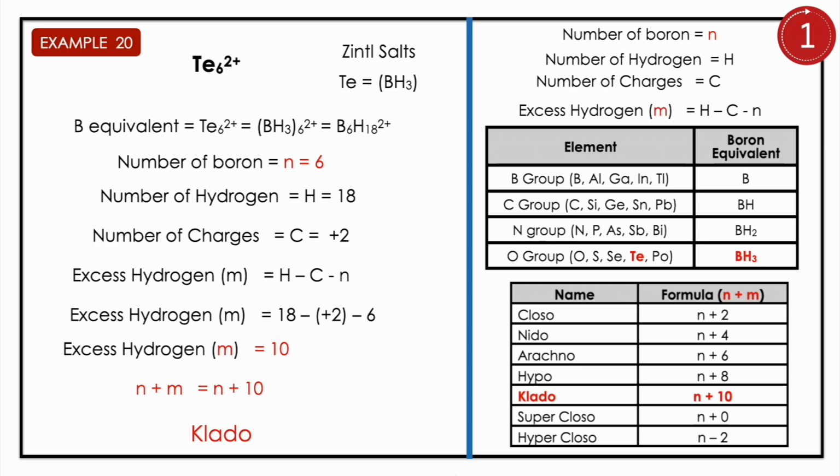If you solve it, you have M equals 10. M equals 10 means it is N plus 10 system. If you look at the table, it has clado structure. So according to Wade's rule, the Zintl salt Te6 2 plus has clado structure.